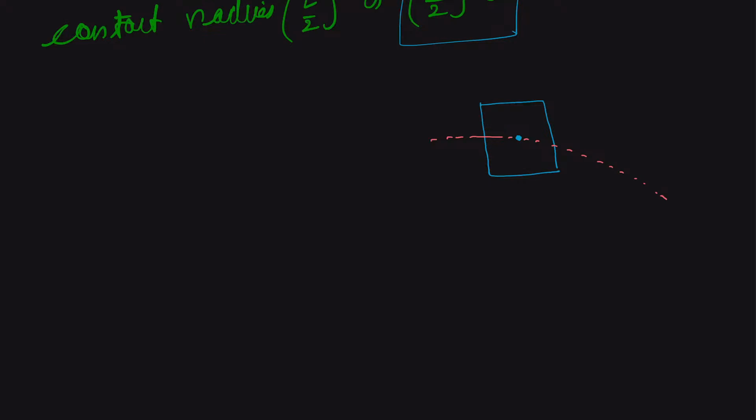Let's assume this center moves through an angle delta. So this arc will be, because this is L by 2 and this is delta, L by 2 times delta.